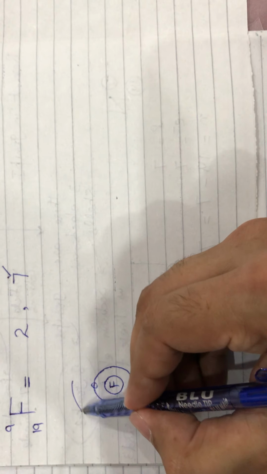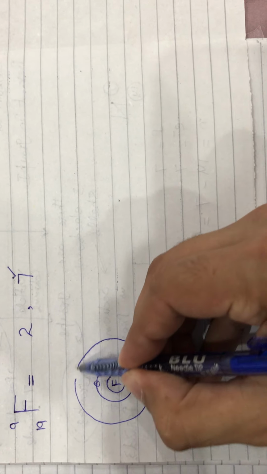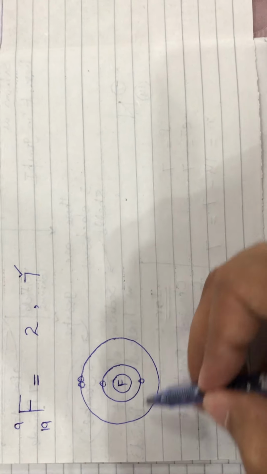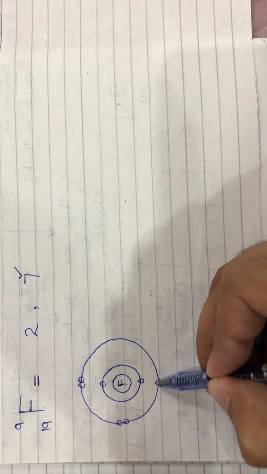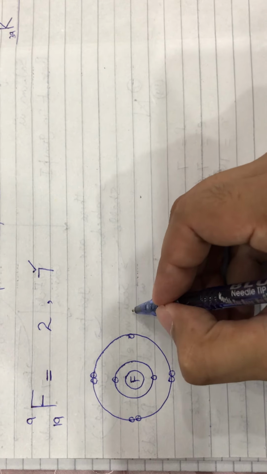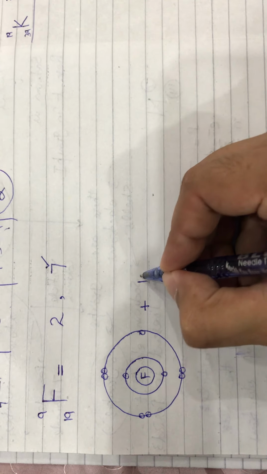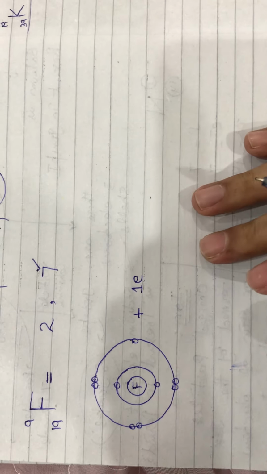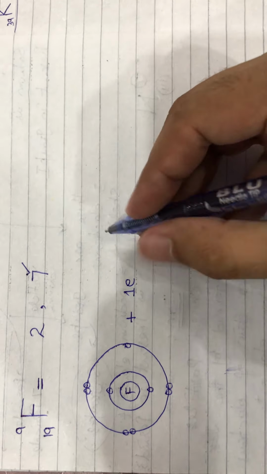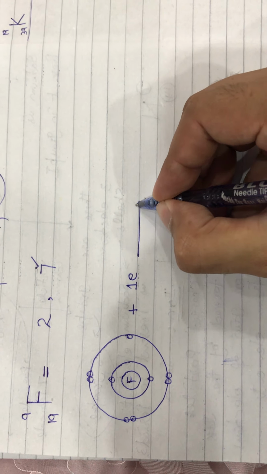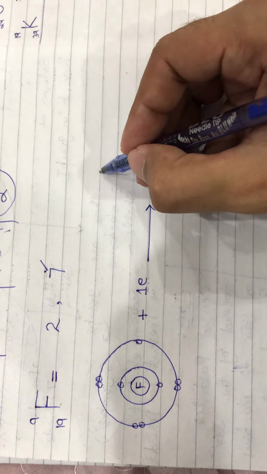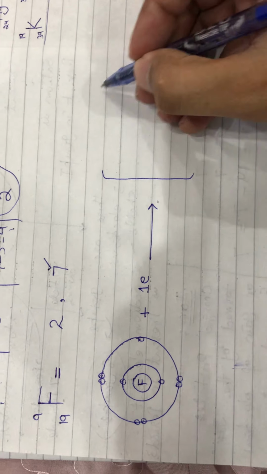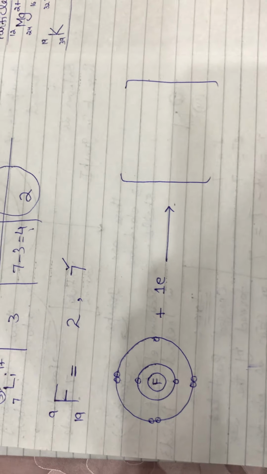And second shell contains how many electrons? 7 electrons. So plus 1 electron, it will gain 1 electron from other elements during a chemical reaction to complete its second shell or valence shell.